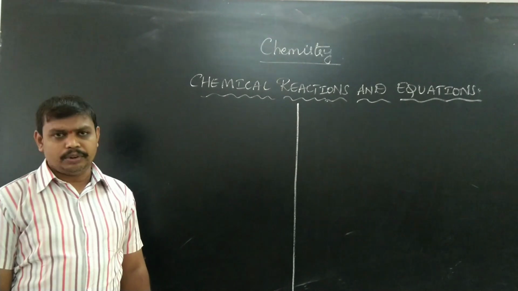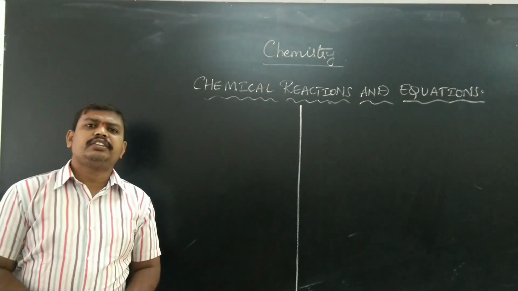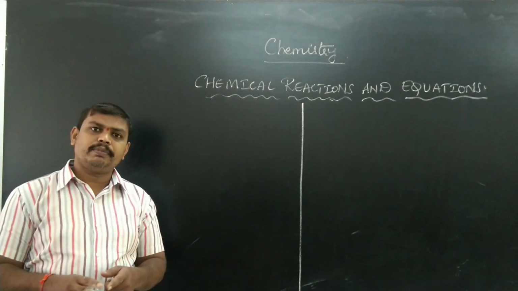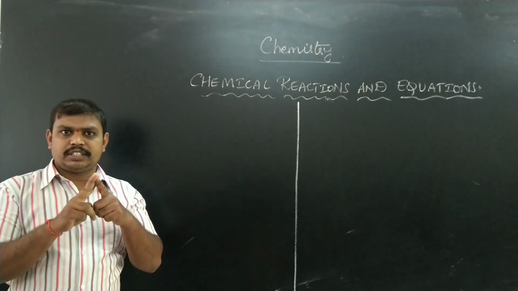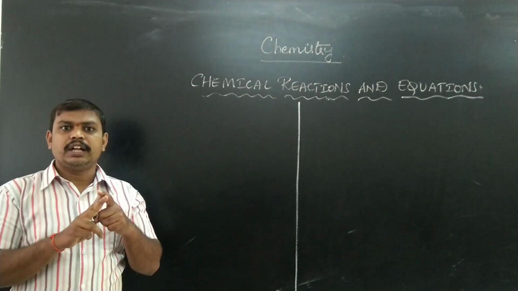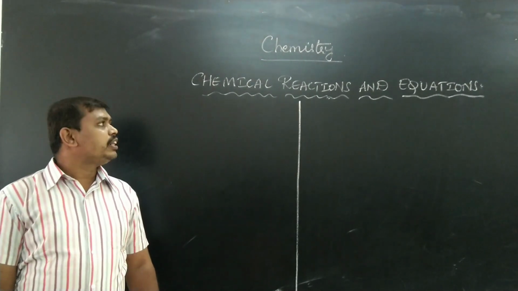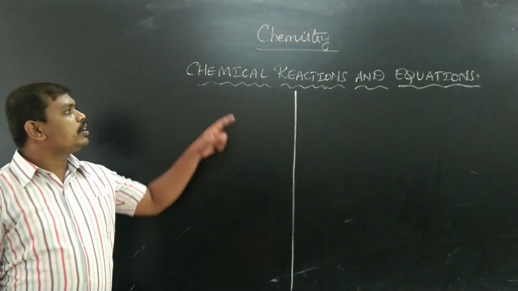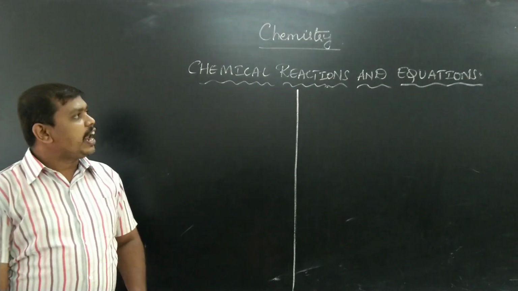So tell me, how is a reaction formed? A reaction is formed between two chemical substances. In this way the reaction is formed. You are all aware of it, because that is a basic concept.